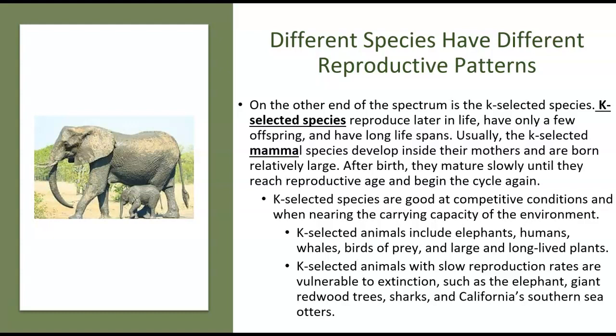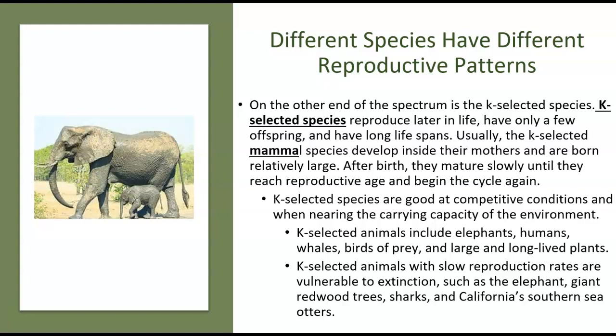K-selected animals have a slow reproduction rate. They're pretty vulnerable to extinction. When you think about elephants, giant redwood trees, sharks, and even California's southern sea otter, these are K-selected species.